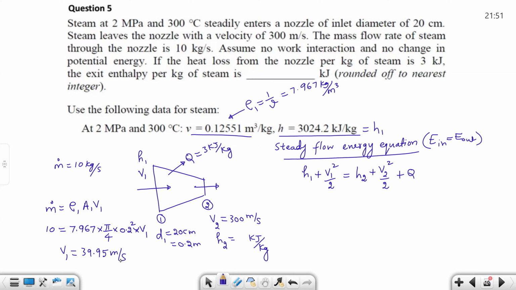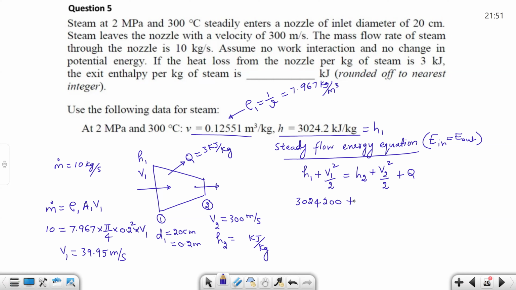Now you can substitute. H1 must be in joule per kilogram because velocity is in meter per second, so 3024200 joule per kilogram. When you substitute velocity in meter per second, v squared by 2 is in joule per kilogram. That is why H1 must be in joule per kilogram.